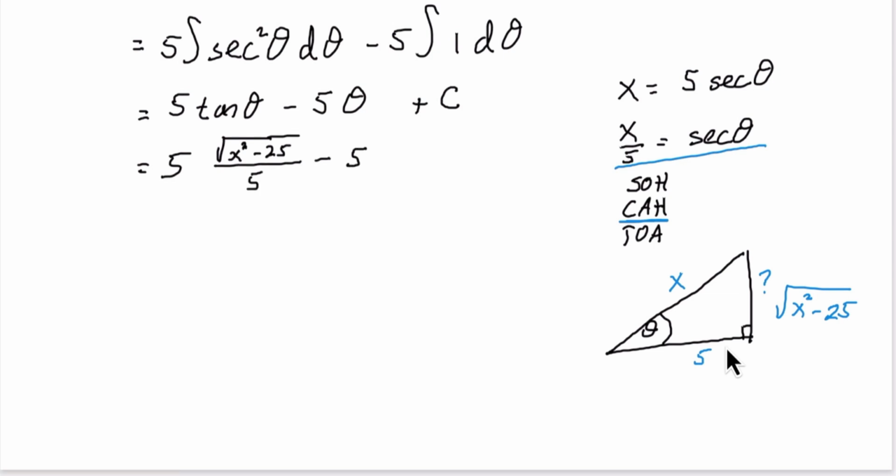To find theta, we're not going to use a triangle. We're going to use this rule from earlier. x divided by 5 is equal to secant theta. To isolate theta, we can take the arc secant of both sides.